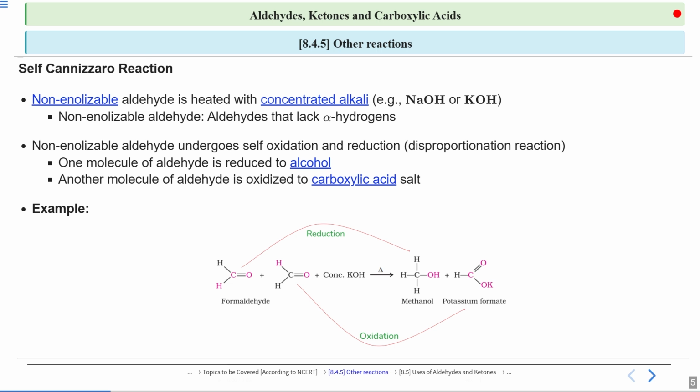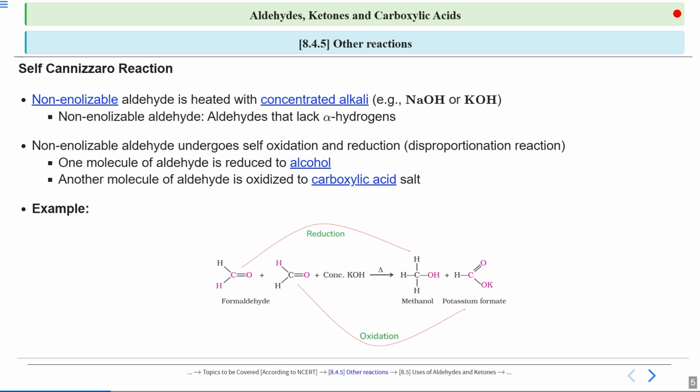So if you look at this particular example of the self-Cannizzaro reaction, you will see there are two molecules of formaldehyde, which is a simple aldehyde. Here two molecules of formaldehyde undergo a disproportionation reaction with concentrated potassium hydroxide, KOH.